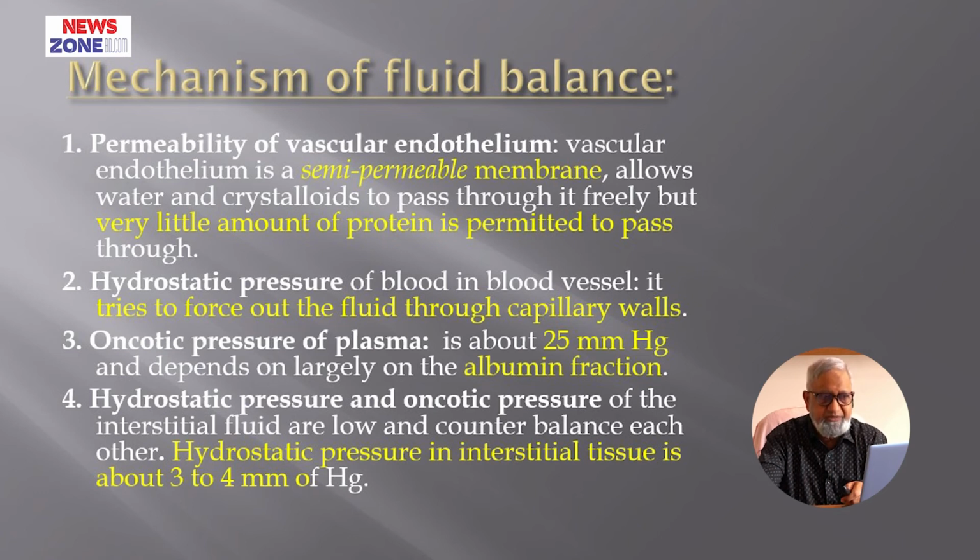What happens in inflammation? The permeability of the vessels is increased, so it allows excess fluid into the interstitial space. The second factor involved is the hydrostatic pressure of the blood vessels.